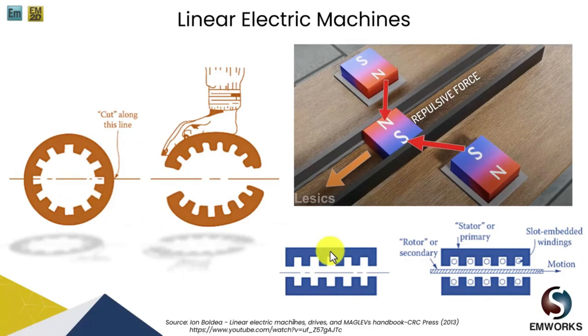Electric current gets induced in the conductors of the secondary, as you can see here, due to the relative motion between the traveling flux and the conductors. Then the induced current interacts with the traveling flux wave to produce linear force or thrust. If the primary is fixed and the secondary is free to move, the force will pull the secondary in the direction of the force and will result in the required rectilinear motion.